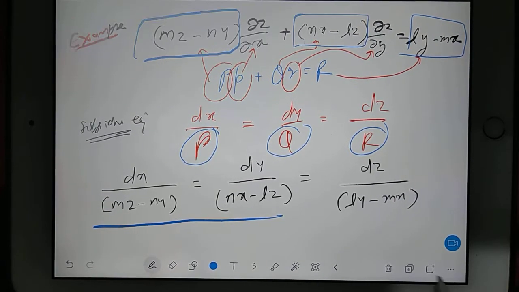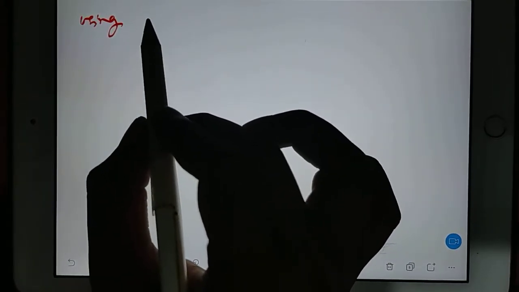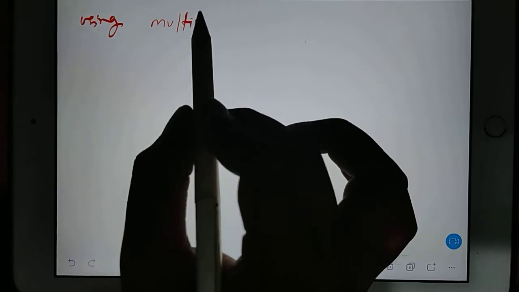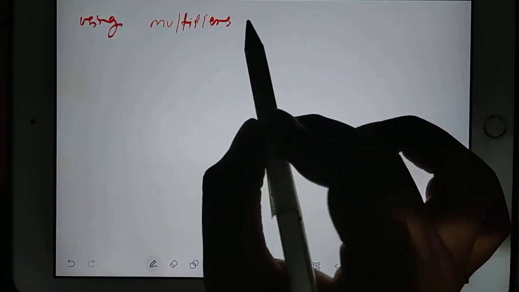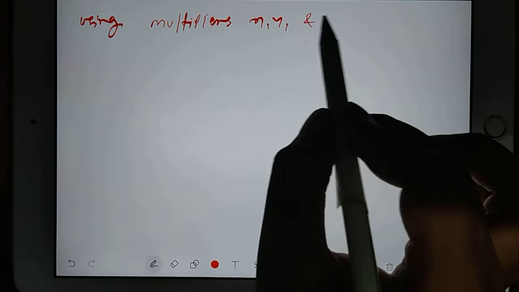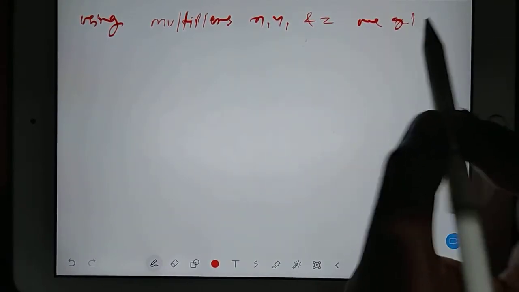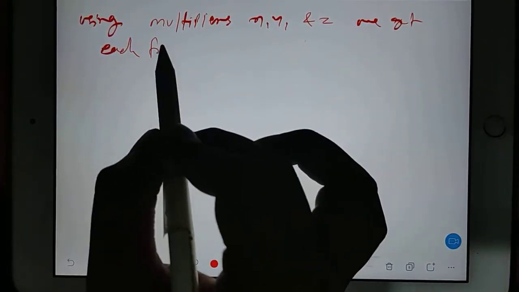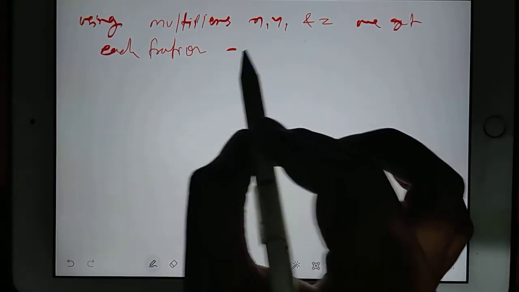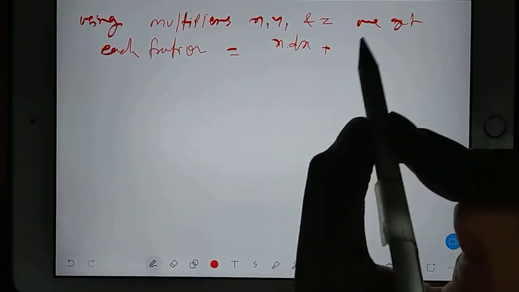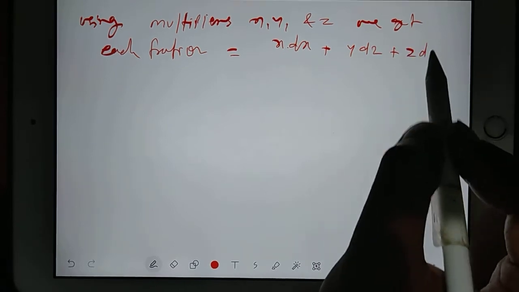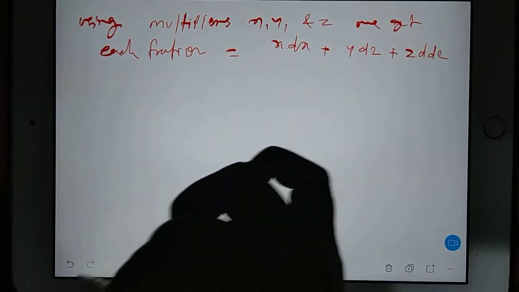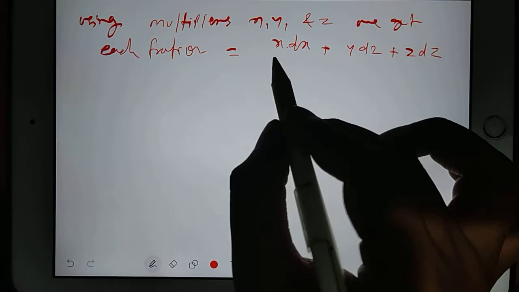I will change the page. It is again a practice part. I will explain this if some of you are not comfortable with this. Using multipliers x, y and z, we get each fraction as x dx plus y dy plus z dz divided by 0.